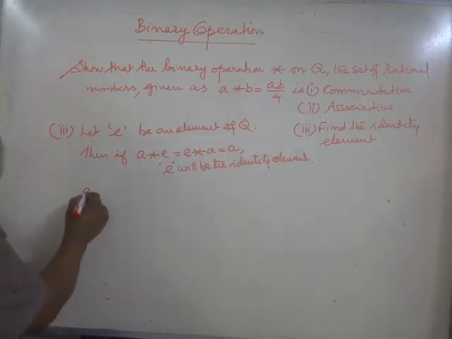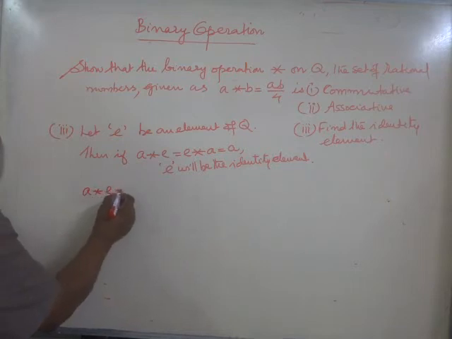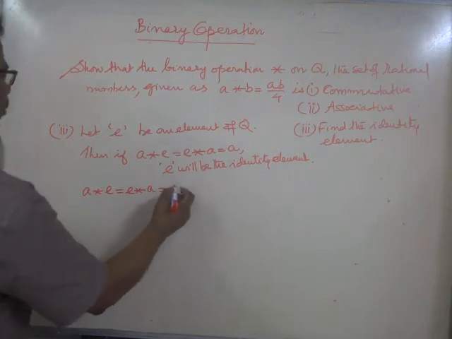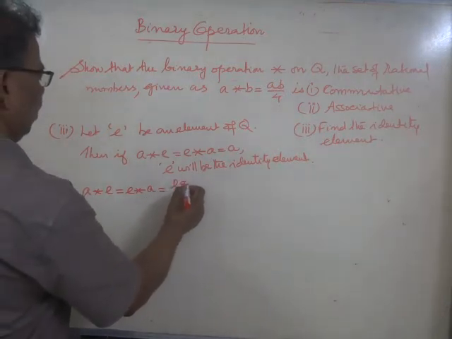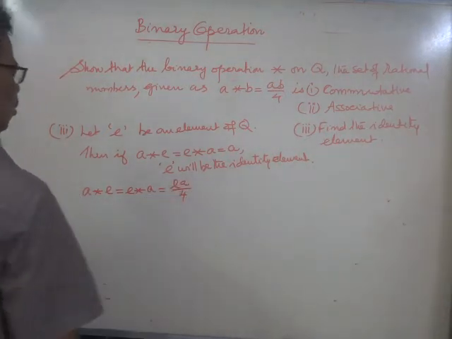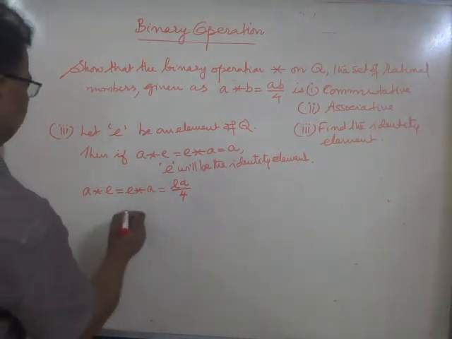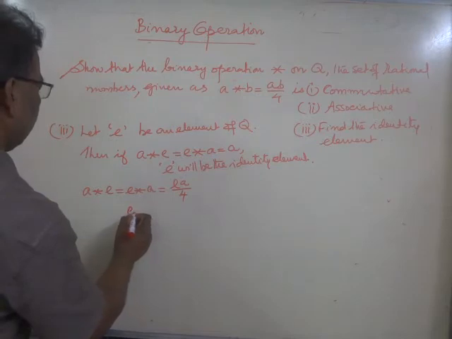Now A star E is equal to E star A is equal to EA by 4.